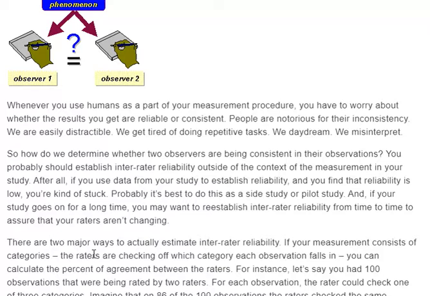There are two major ways to estimate inter-rater reliability.